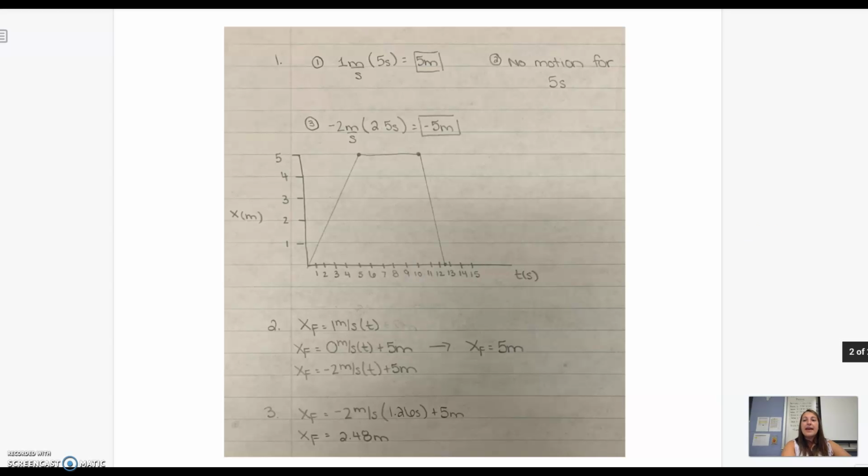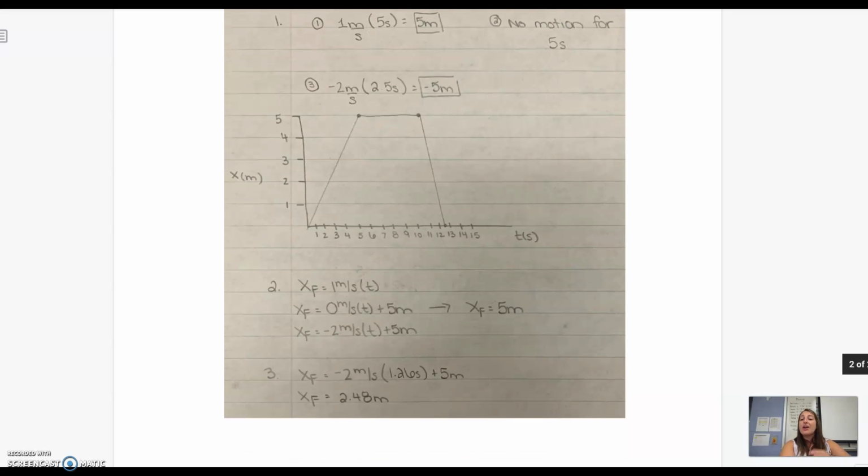Then making the model, we know that we already have that basic function for constant velocity, which is xf is equal to vt plus xi. And we only put in numbers that are constant when we customize this, because we want this equation to be able to solve for anything that we could potentially look for.